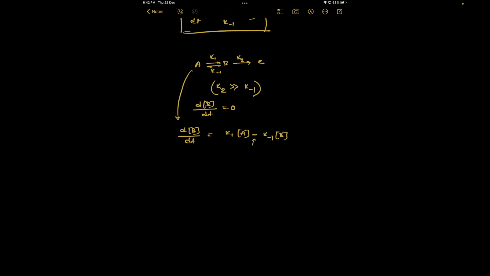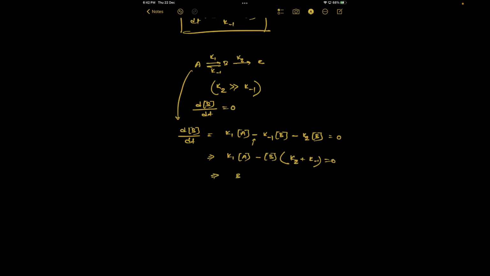Again with rate constant K2, the concentration of B is decreasing, so minus K2 times concentration of B, right? Now this is equal to 0 with steady state approximation. That means K1 times A, then minus B common, K2 plus K minus 1, equal to 0.